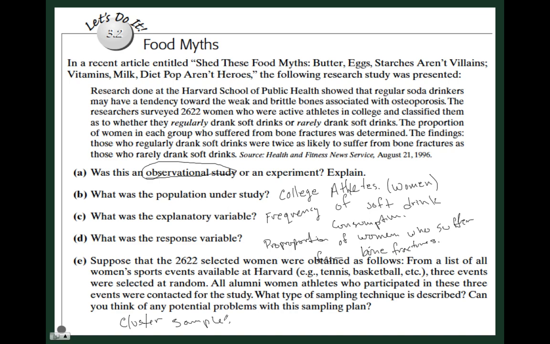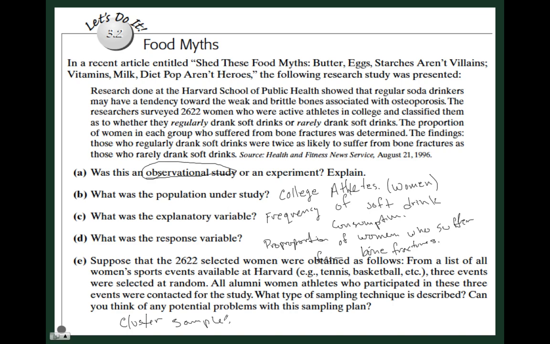In other words, to be good at certain types, like for example, basketball players maybe are taller than normal or average. So if one of the events was a basketball game, then it's possible that we're dealing with a disproportionate number of women who are very tall. Is there a connection between being tall and bone fractures?